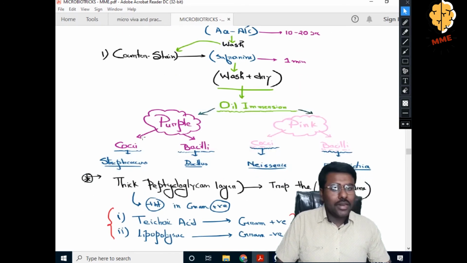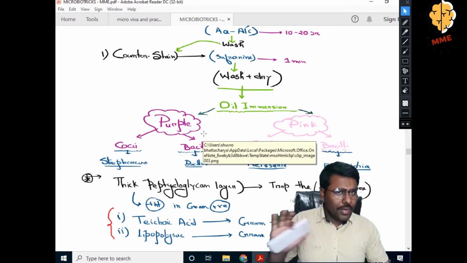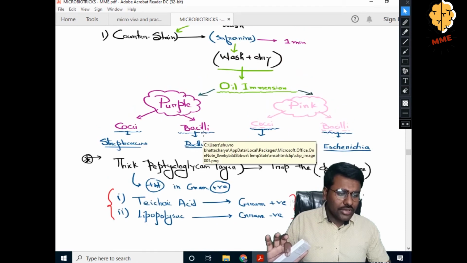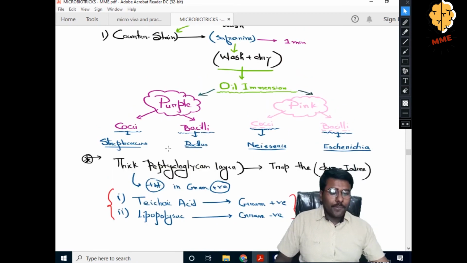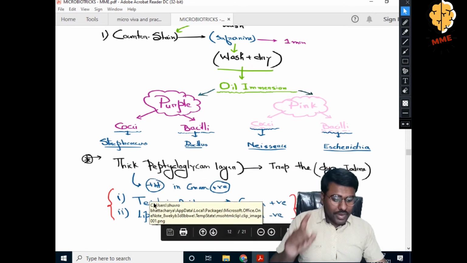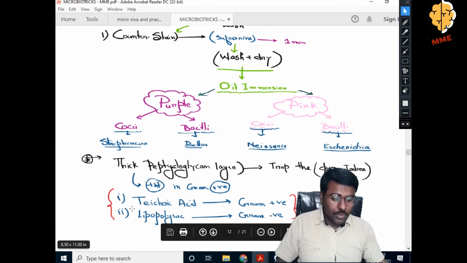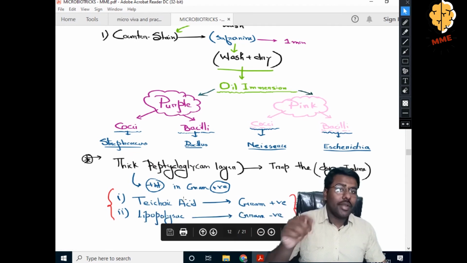You will see purple cocci or bacilli, or maybe pink cocci or bacilli. Very commonly asked viva questions in Gram staining: what is the difference between Gram positive and Gram negative? Mainly they want to know about the lipopolysaccharide and teichoic acid in the Gram positive and Gram negative cell wall.